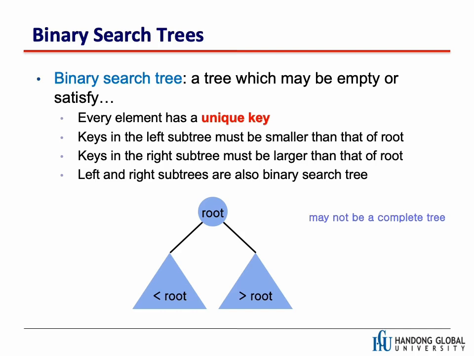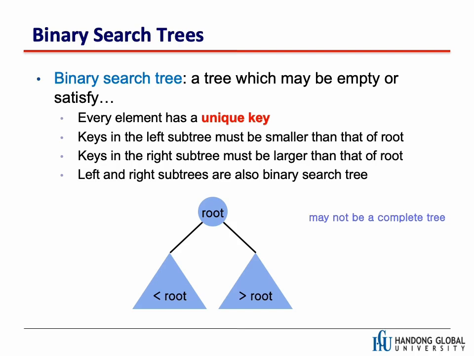Sometimes we might have repeated keys, like 5 can appear here and there, but in the binary search tree, the keys should be unique. Next, keys in the left subtree must be smaller than that of the root. This is important. The second and the third: keys in the right subtree must be larger than that of the root.